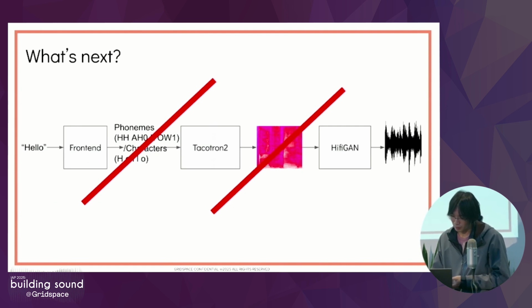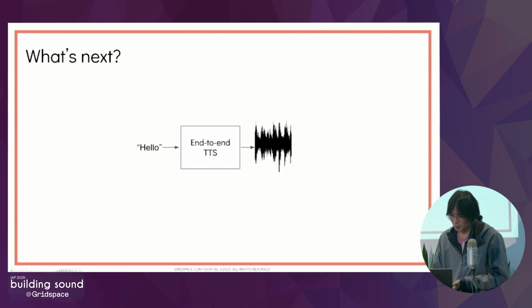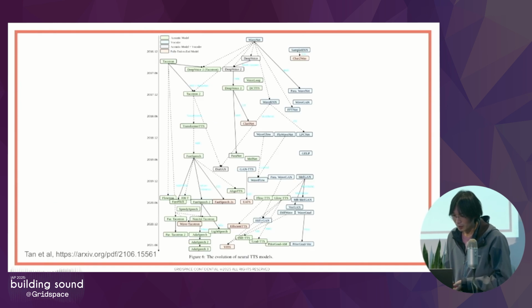Instead, the trend is towards a more end-to-end model where you just give the model some text and you expect it to output the audio wave signals directly. It just happens to be what the history is telling us to do. You just scale up your model, let it figure out what features it wants to use. And Nick will mention this tomorrow.